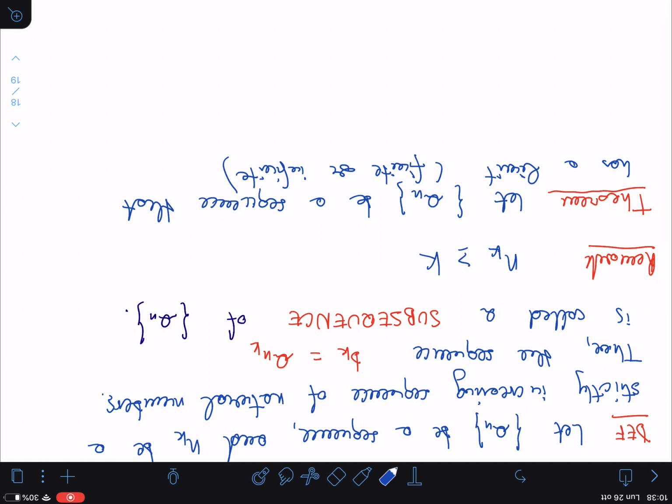Namely, the sequence may be either divergent or convergent. It's regular, okay? Then every subsequence of an has the same limit.